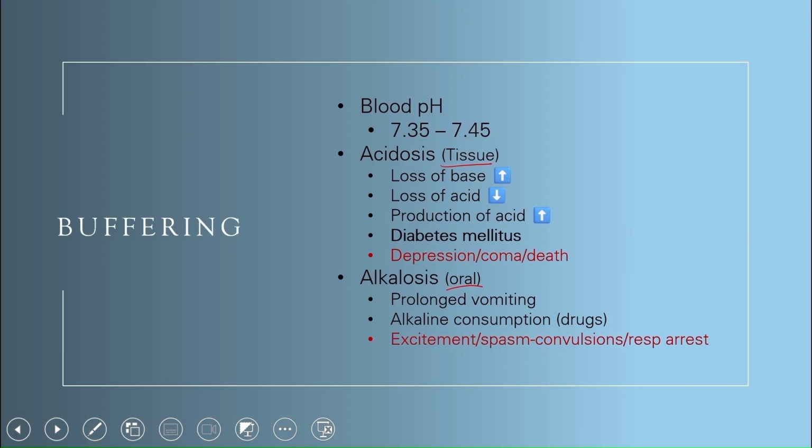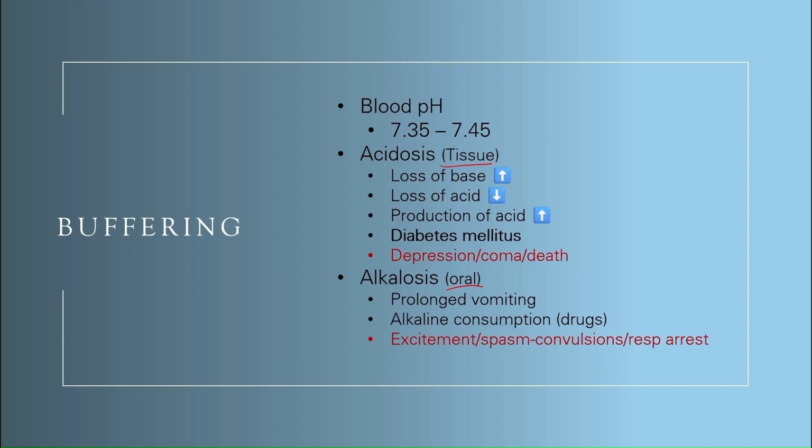Okay, so firstly we're going to discuss what these conditions are, how they're caused, what the symptoms are, and then we're going to talk about how they are buffered, how the pH is buffered so we can maintain this range. So first off, you have acidosis, which is more acid in your blood, right?